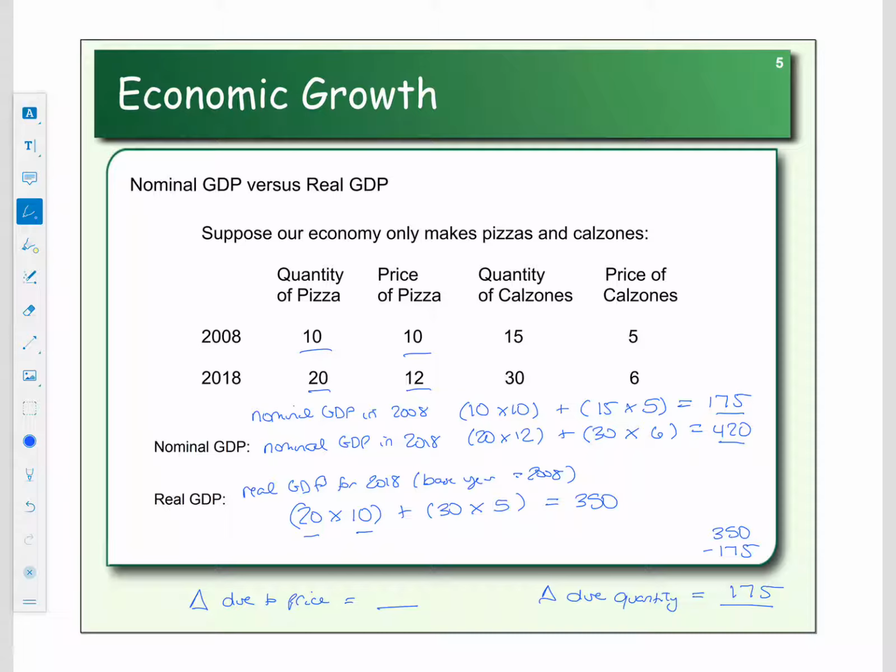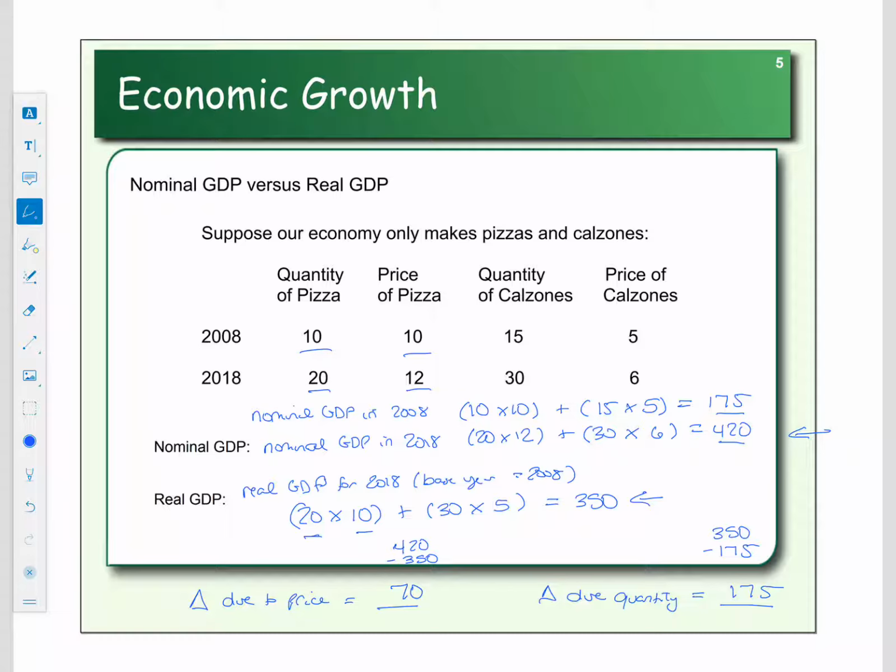In comparison, the real GDP for 2018 used quantities from 2018, but prices from 2008, which means the difference between the two formulas, this one here that is nominal GDP in 2018, and this one here that's real GDP for 2018, is just the price. So we can take 420 and subtract 350, and when we do that, we get 70. So that's the difference due to price.